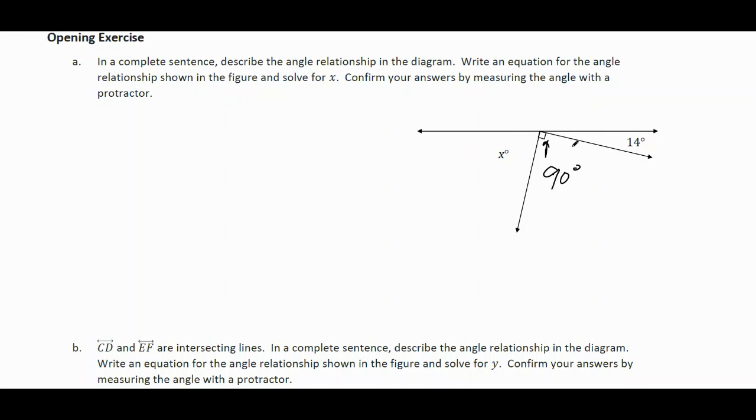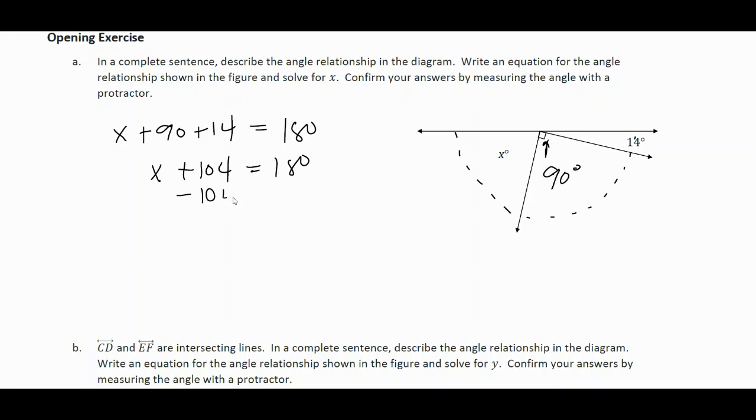If we have a straight line, of course, it's going to create 180 degrees. So adding all of these three numbers, x, 90, 14, should be equal to 180. 90 plus 14 is 104, equal to 180. Using SPE, subtract 104 on both sides. So x is equal to 76. That's it.